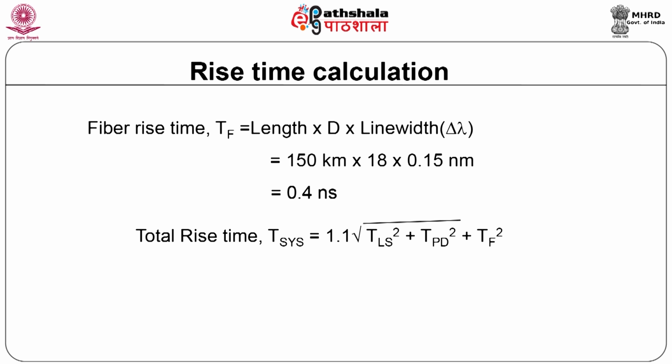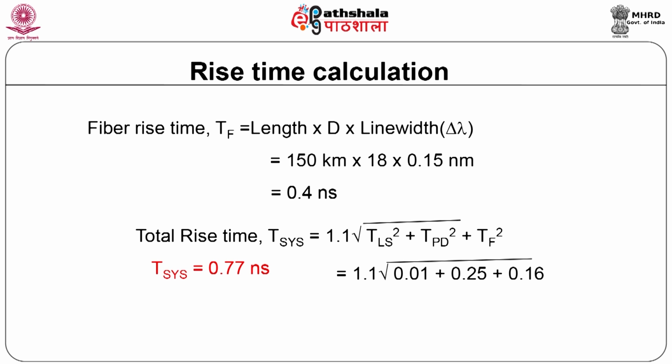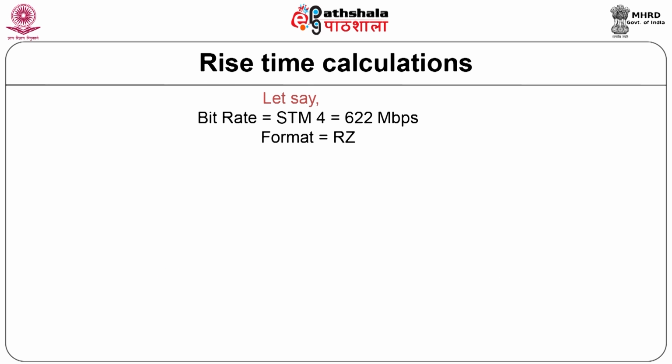Therefore, total rise time, that is T system, is equal to 1.1 into square root of TLS square plus TPD square plus TF square, that is equal to 1.1 into square root of 0.01 plus 0.25 plus 0.16, that is equal to 0.77 nanosecond. Let us say bit rate is equal to STM4, that is equal to 622 Mbps, and format RZ.